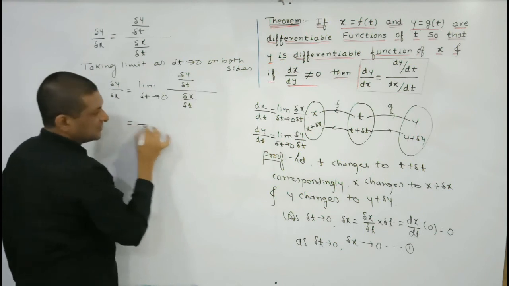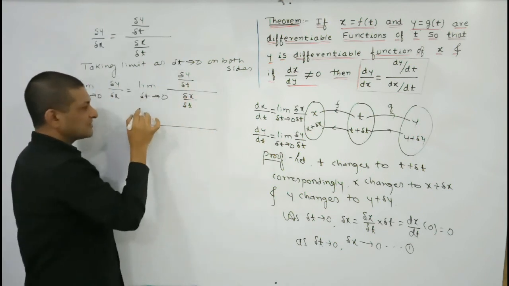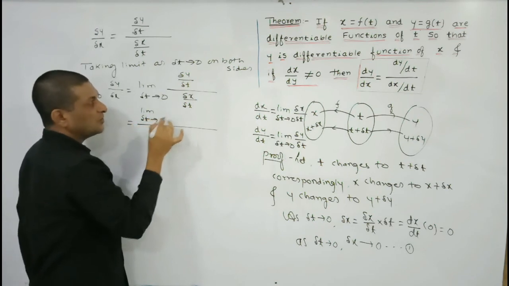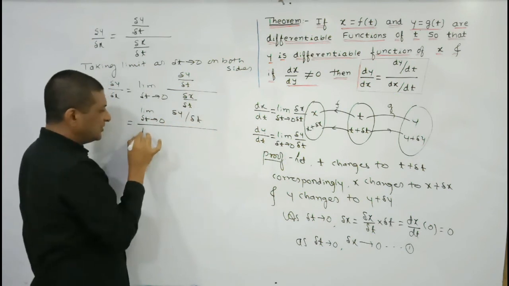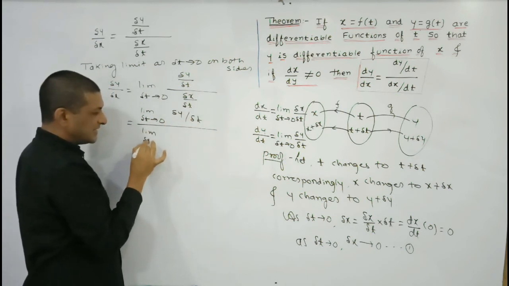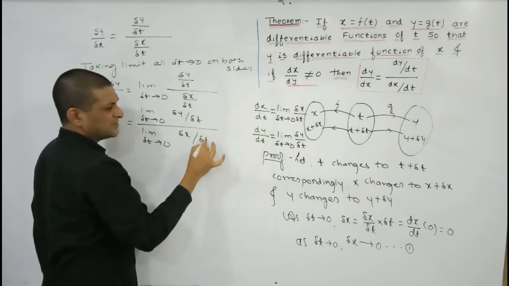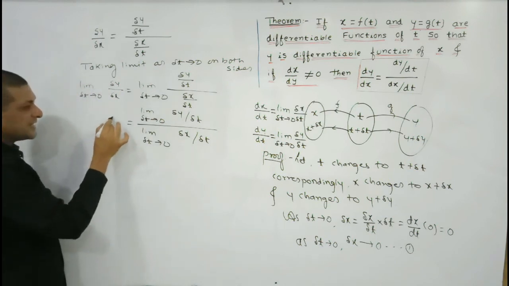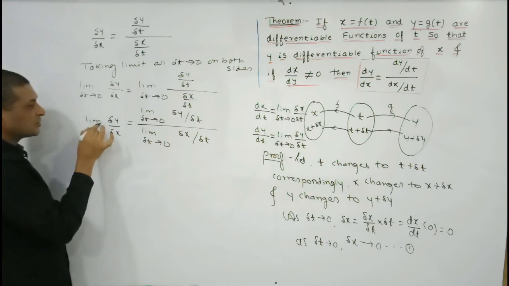Now on the right hand side we take separate limits of numerator and denominator: limit delta t tends to 0 of delta y upon delta t in the numerator, and limit delta t tends to 0 of delta x upon delta t in the denominator. On this side, delta y upon delta x, and the limit we keep as it is.